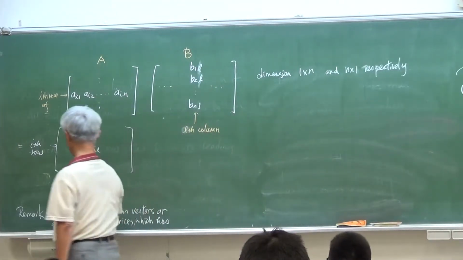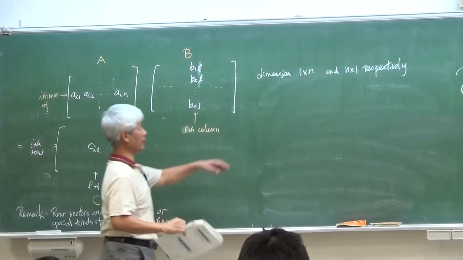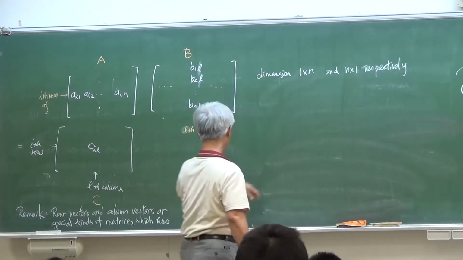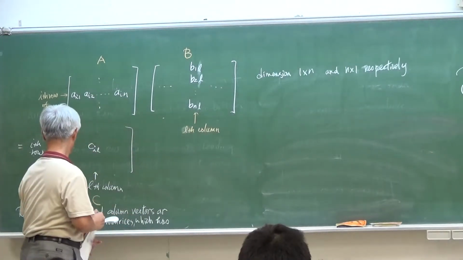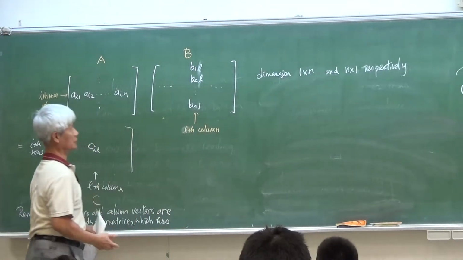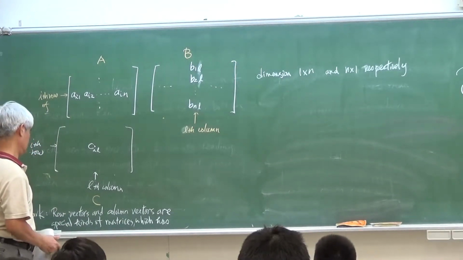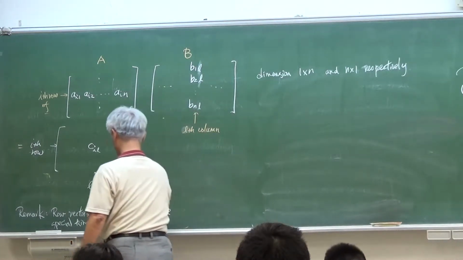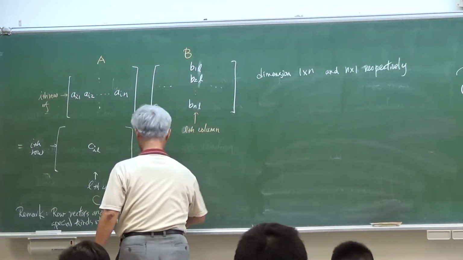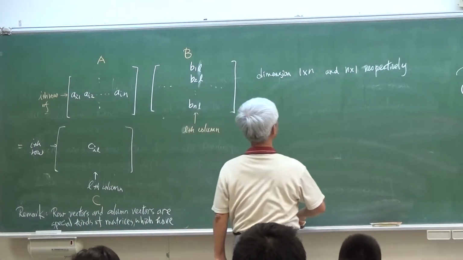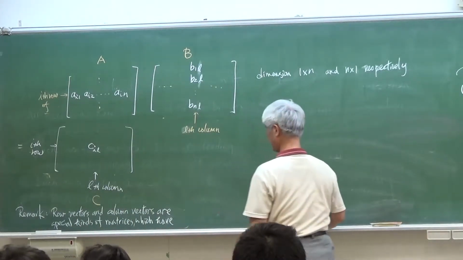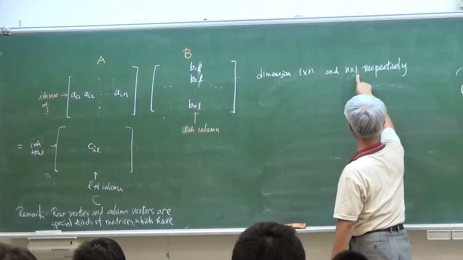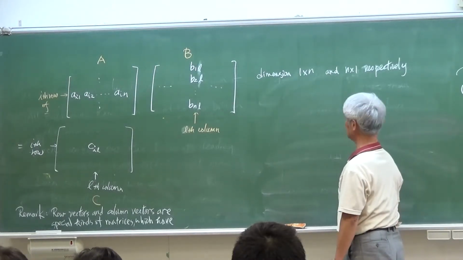Row vectors are matrices of dimension 1 times n, because it has only one row, right? And column vectors are matrices with dimension m times 1.